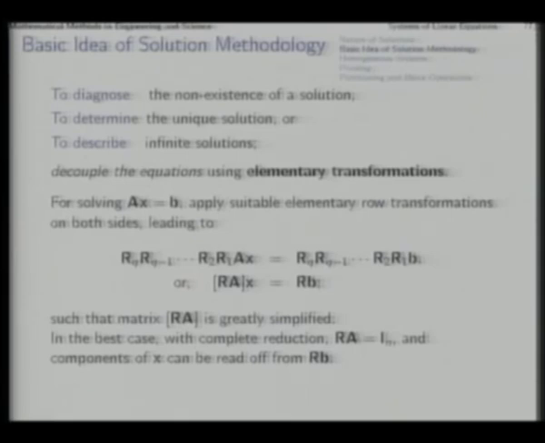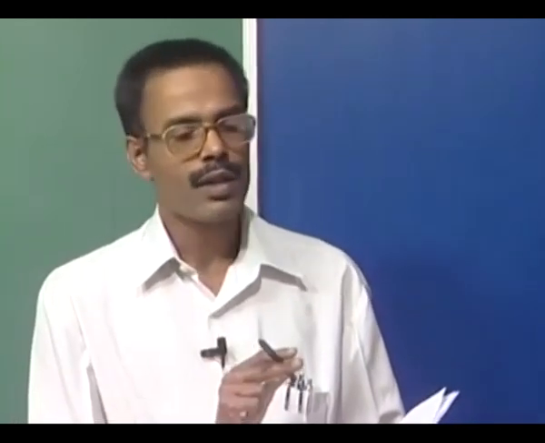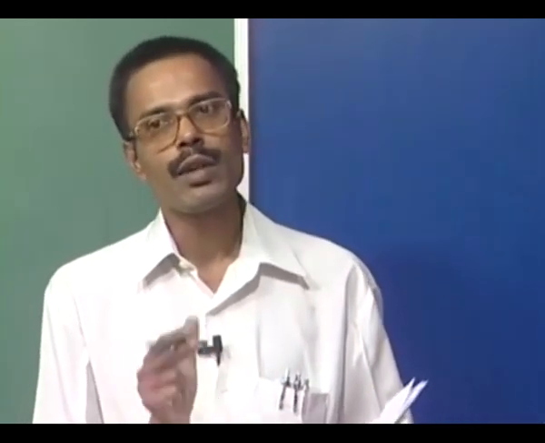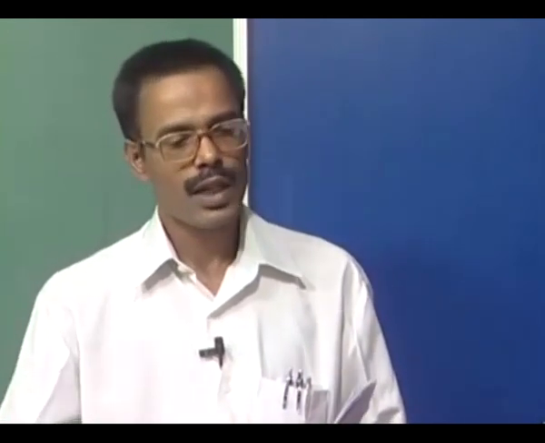The process, as we discussed earlier, has two issues. One is to describe the infinity of infinite solutions, for which we need to find a null space of A. On the other hand, to find one solution, which we will consider in the next lecture.